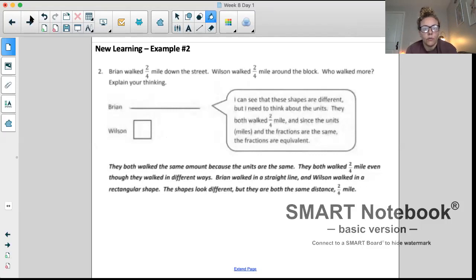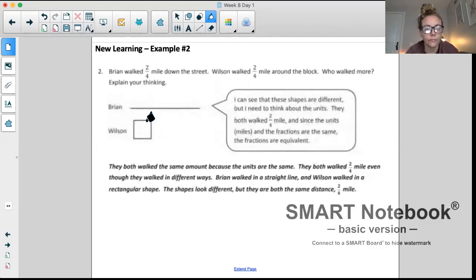Brian walks 2/4 miles down the street. Wilson walks 2/4 miles around the block. Who walked more? Explain your thinking. So when I look at the picture, I see Brian walked just like in a straight line. Wilson's is a square, but I know that I'm talking about that distance around.